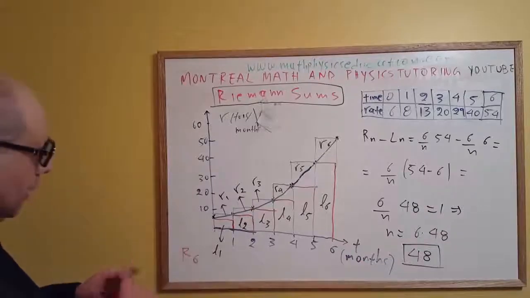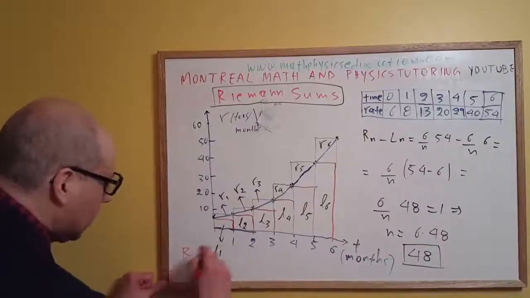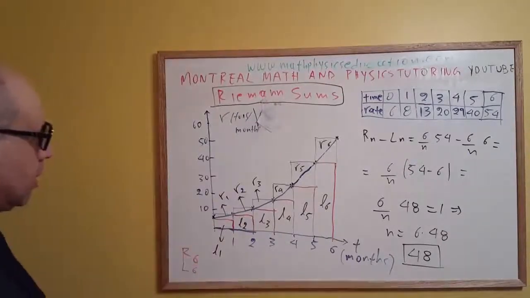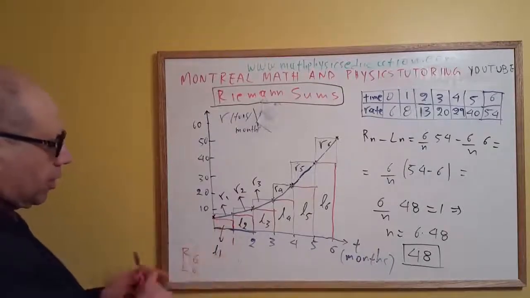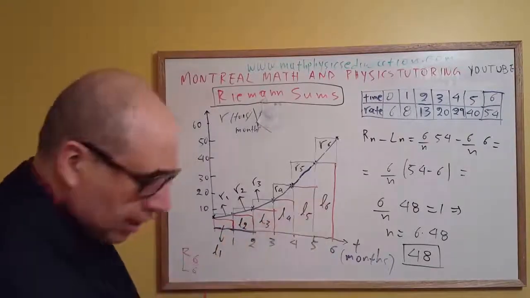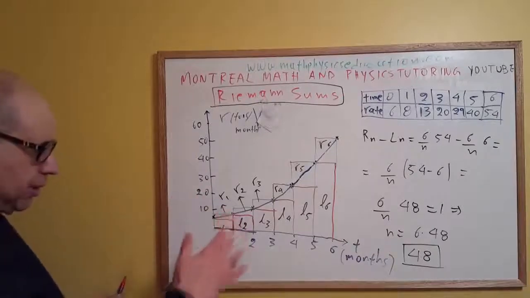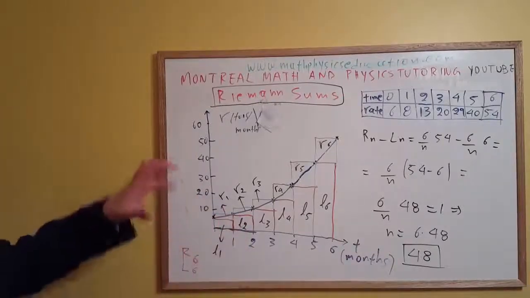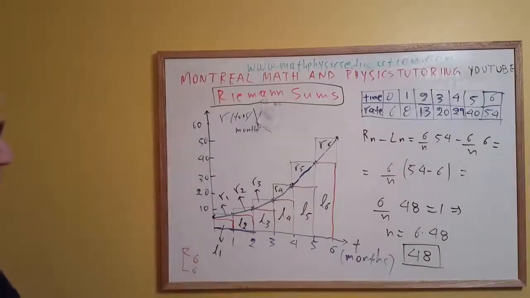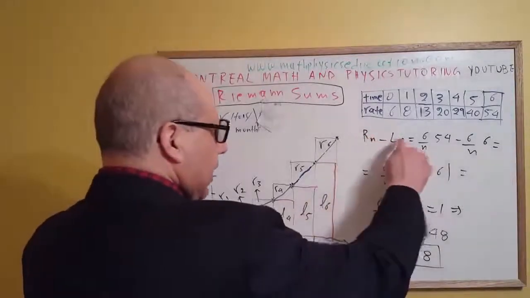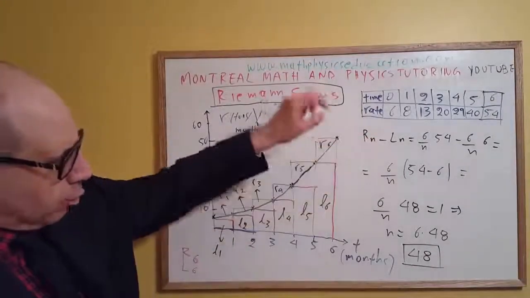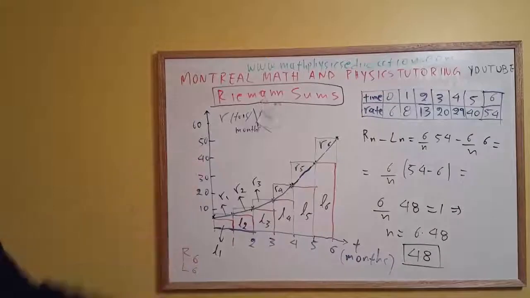And if you take L6, that will include the smaller rectangles, which are L1, L2, L3, L4, L5, and L6. So what you have to do is subtract them, to create this Rn minus Ln that we're trying to find, in order to find the n for which this difference will be exactly 1 ton.